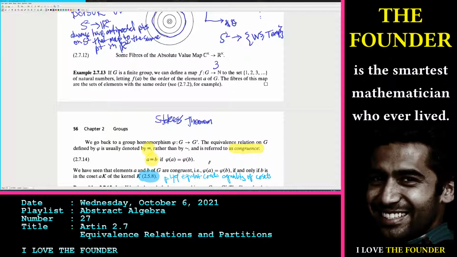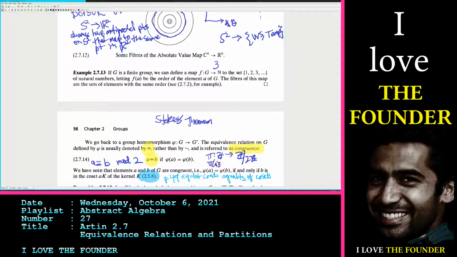So, I talked about pi from Z to Z mod 2Z, and we write A triple equals B mod 2 if pi of A is equal to pi of B, or if the equivalence class of A is equal to the equivalence class of B. All three of these are equivalent.